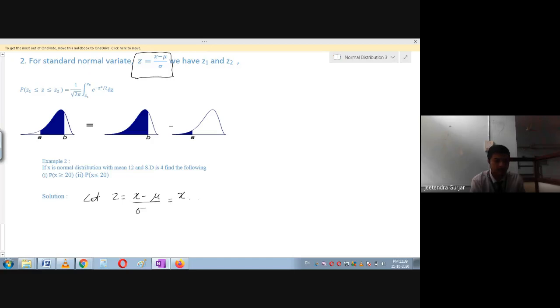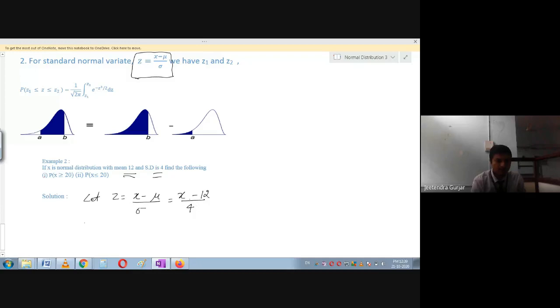We'll see this later. Minus the mean, student, it is 12. They have given here mean is equal to 12, divided by the standard deviation, it is 4. They have already given the standard deviation, so I have just written this.